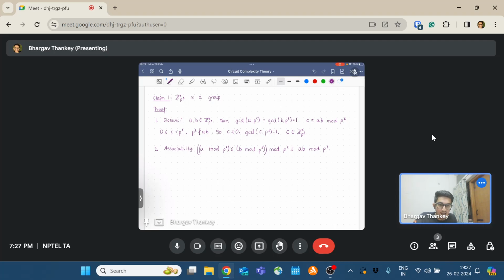And we know multiplication is associative, right? So what we can do is, in the associativity of multiplication, just put mod P to the L everywhere, right?